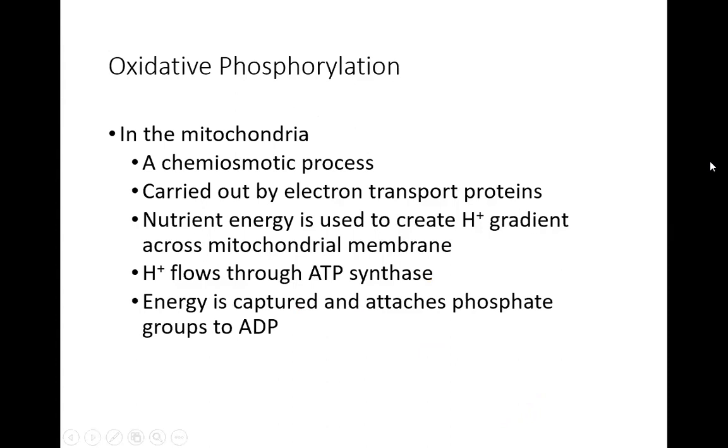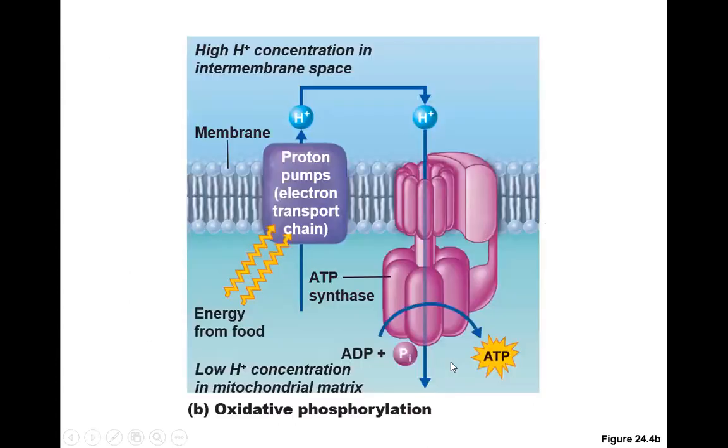Oxidative phosphorylation takes place inside the mitochondria. We transfer electrons. We're actually moving electrons around, and we get a big payoff of energy here. We produce a lot of ATP through oxidative phosphorylation. We use a process known as electron transport.